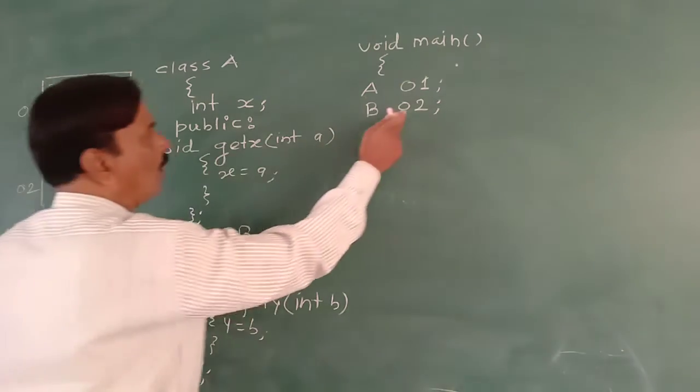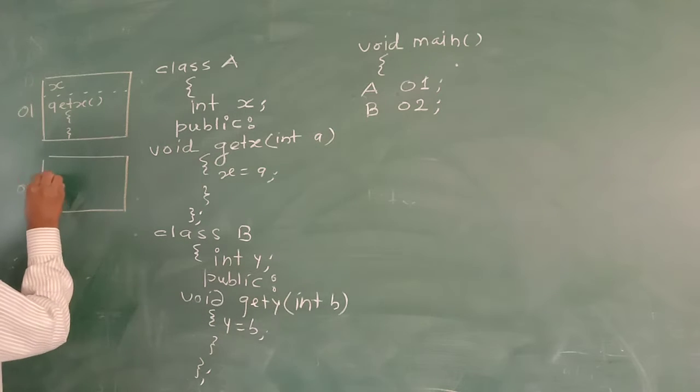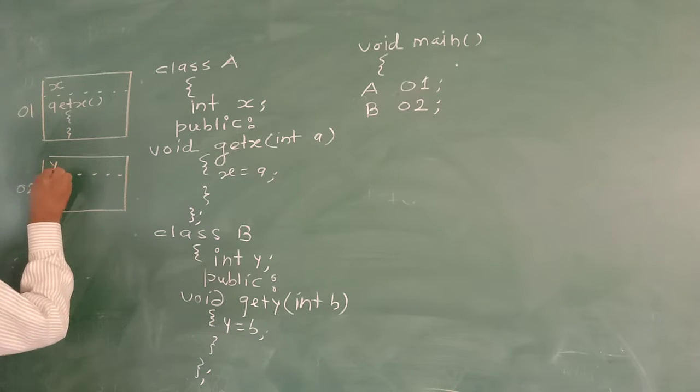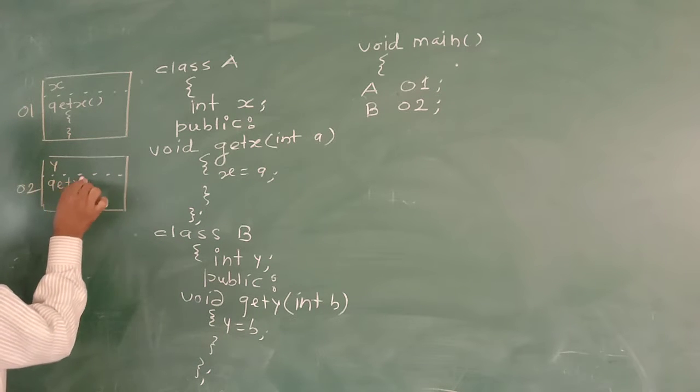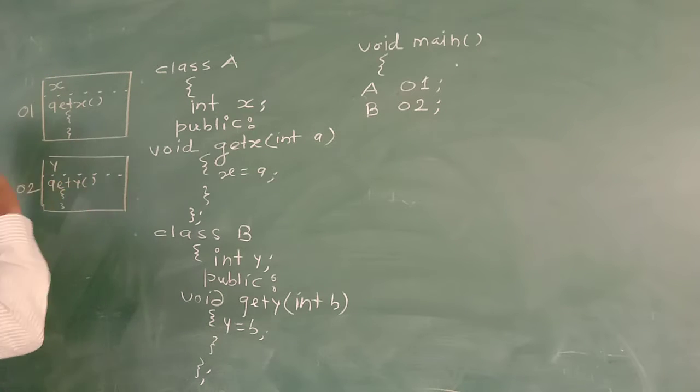O2 belongs to class B, which consists of data member y and function member get y. This is the private section, this is the public section.